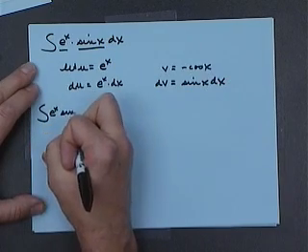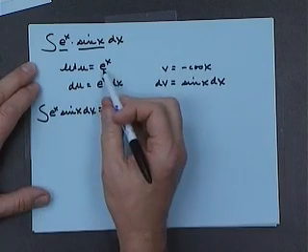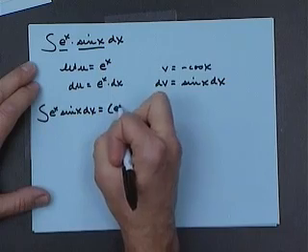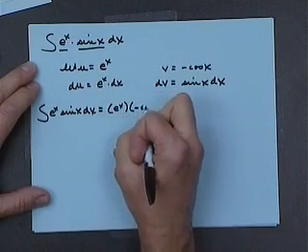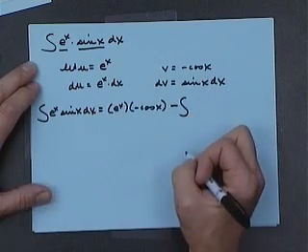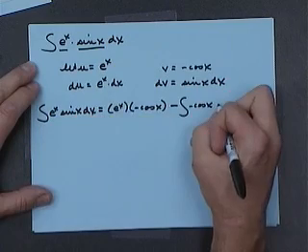So here's our original problem. We're doing this technique, integration by parts, so it's uv minus the integral of v du.